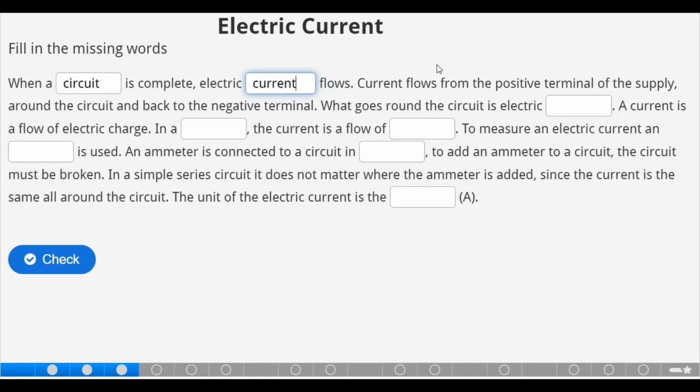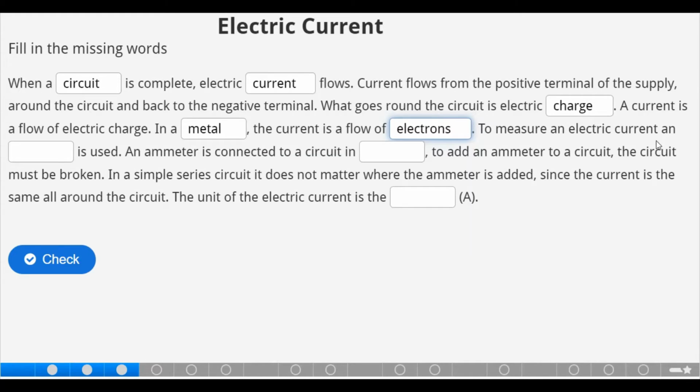Current flows from the positive terminal of the supply around the circuit and back to the negative terminal. What goes around the circuit is electric charge. A current is a flow of electric charge. In a metal, the current is a flow of electrons.